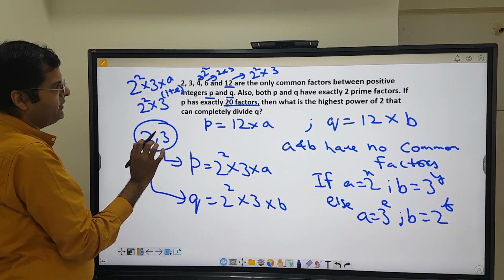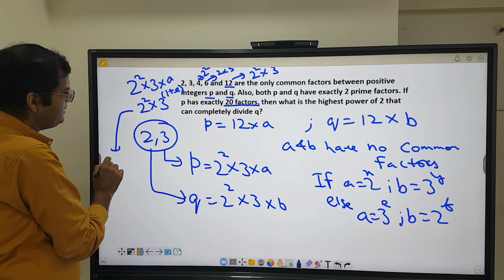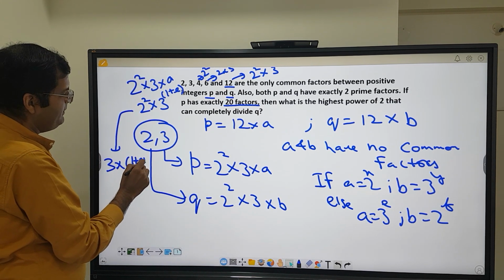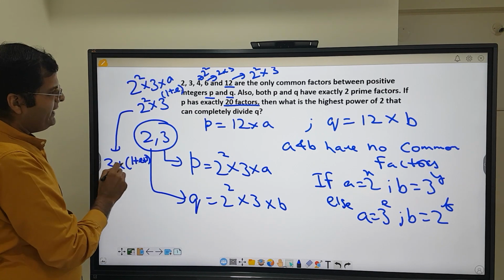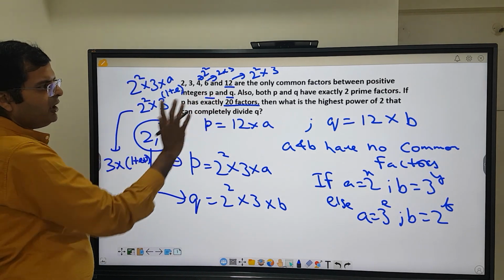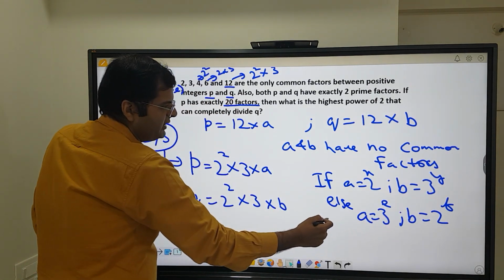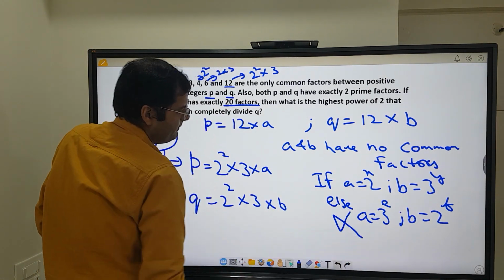Then the number of factors will be 2 plus 1, which is 3, into 1 plus e plus 1. So it is 3 into something, which will not be 20. That means a equal to 3 raised to e is not possible.